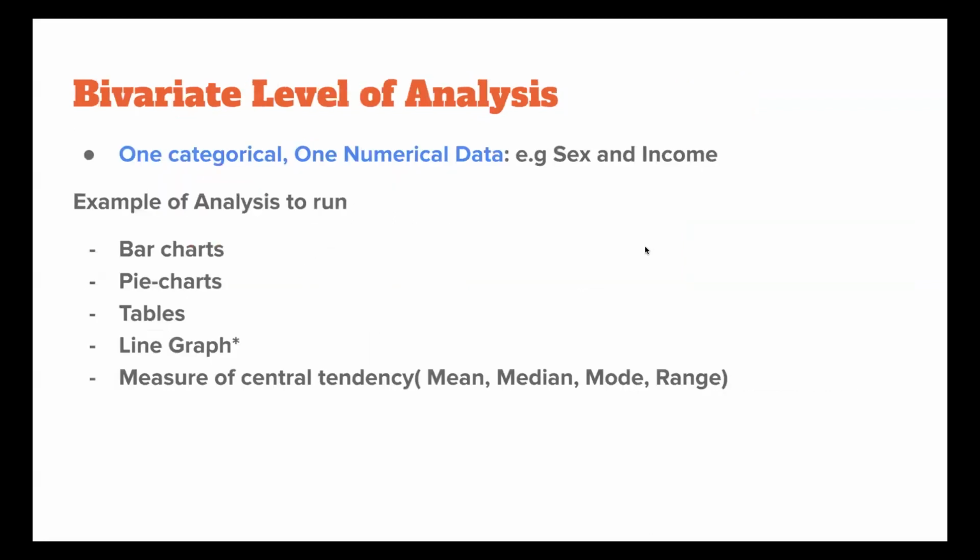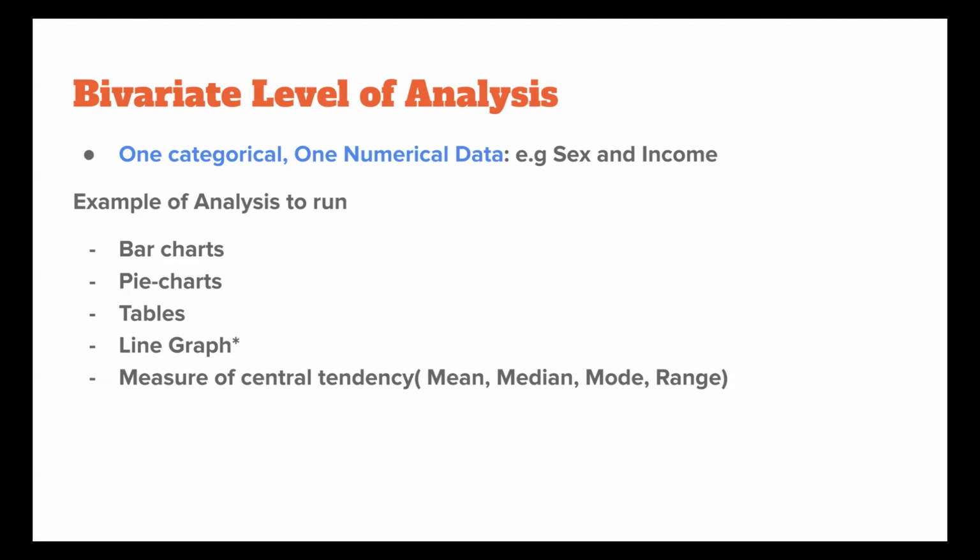So moving on. Imagine you have one categorical and one numerical variable right now. So the categorical variable is sex and the numerical is income. A question here might be, I want to know what is going to be the average income for male and female. Are the males earning higher compared to the females? So analysis comes with asking questions.